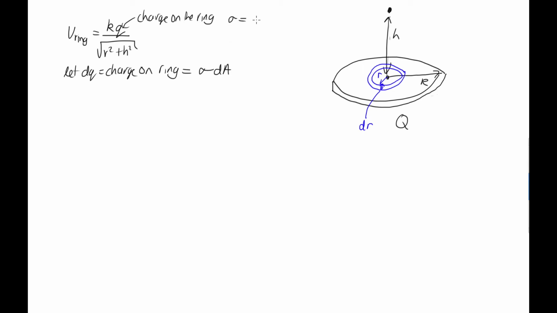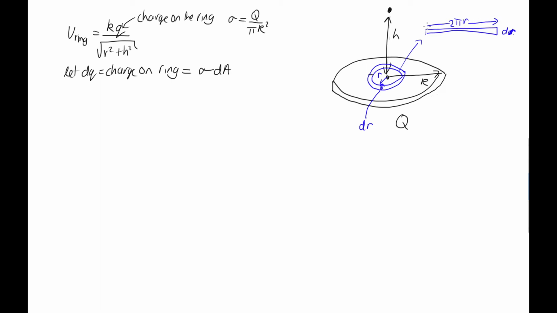So surface charge density is equal to the total charge divided by the area. And we know the surface area of this disk, it's got a radius capital R, so the area is given by pi R squared. So that's sigma, and dA, there's the surface area of this ring here. So if we imagined cutting this and spreading it out, then it's got a width dr, and it's got a length given by 2 pi r.